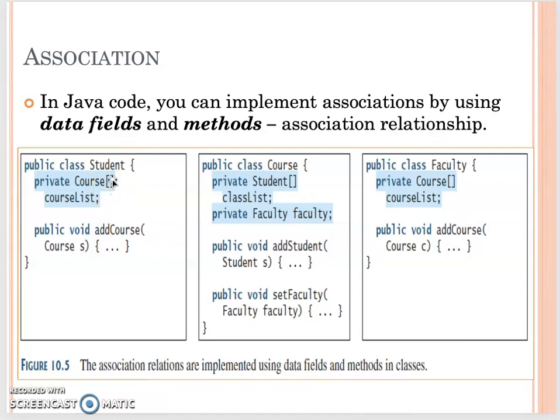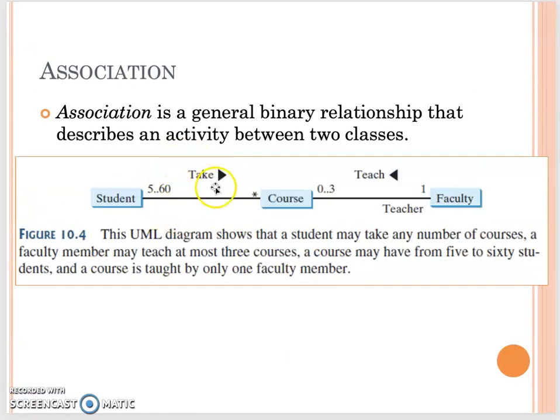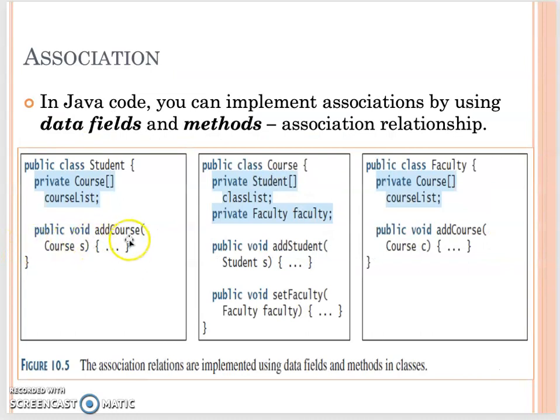We say taking the course, but on the other hand the student registers for a course, so here we can add a course. When you add a course, we update the course list of the student. You can add a course, and of course you can drop a course. That's what we mean by using data attributes and methods to represent the relationship.